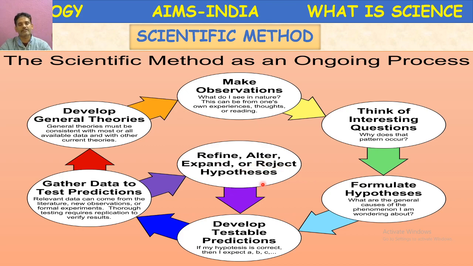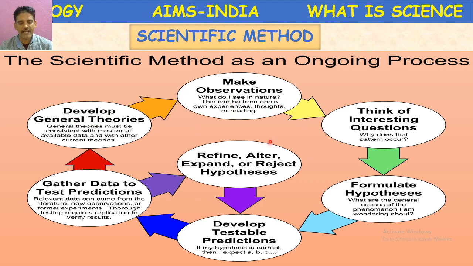And finally, develop general theories. General theories must be consistent with most or all available data and with other current theories. It is very, very important. Then finally, once again, making observations.